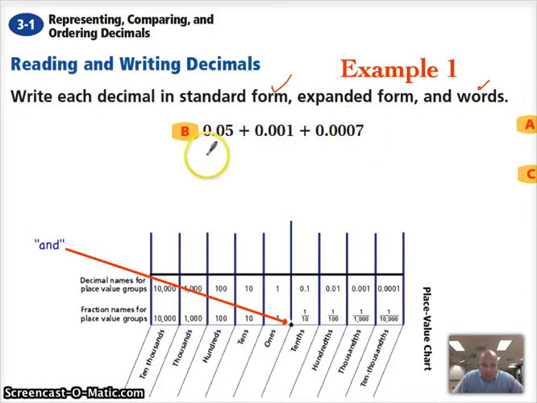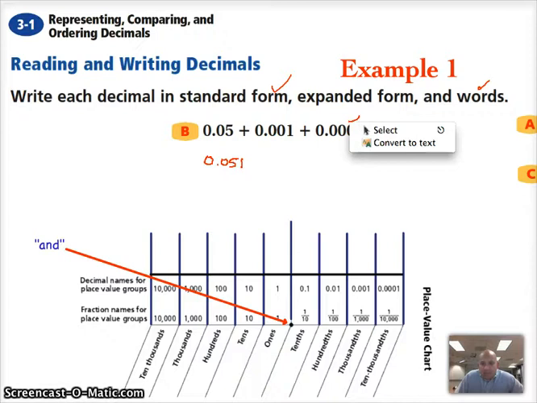So we write that as, well, there's nothing in the ones place, nothing in the tenths place. Then we have a 5 in the hundredths place. Do we have anything in the thousandths place? Yes, we have the 1. And then do we have anything in the ten-thousandths place? Yes, we have the 7.